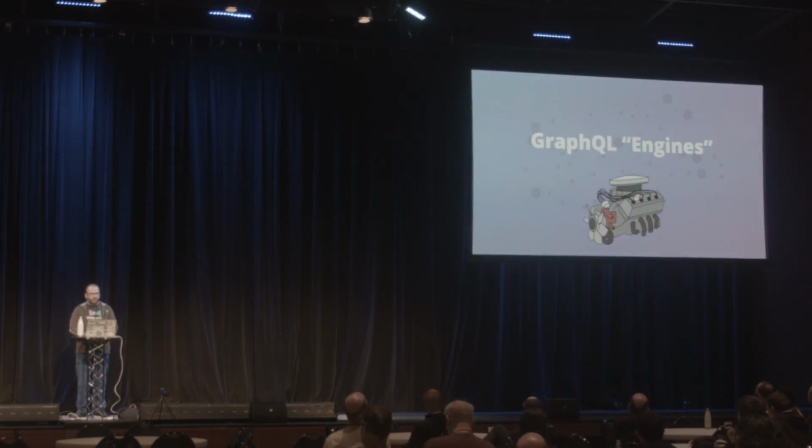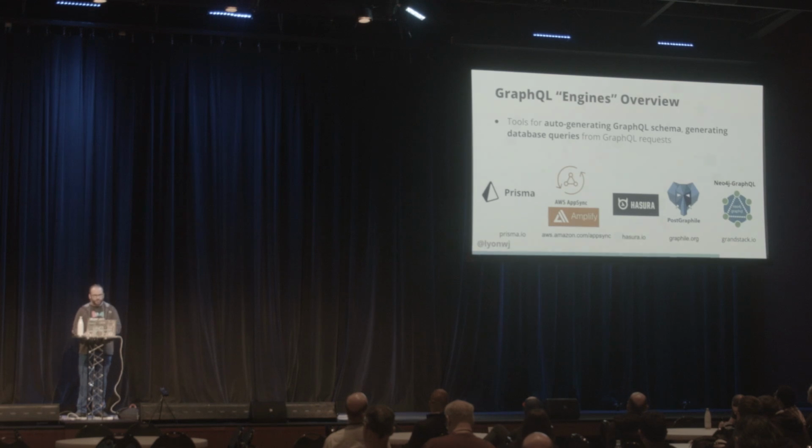So there is a class of tooling which is loosely called GraphQL engines that address some of these common problems. Here are some examples: Prisma, AWS AppSync, Hasura, PostGraphile, and then the Neo4j GraphQL integration.